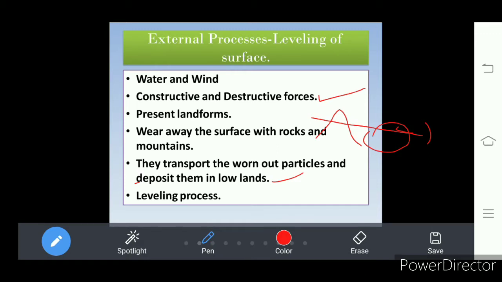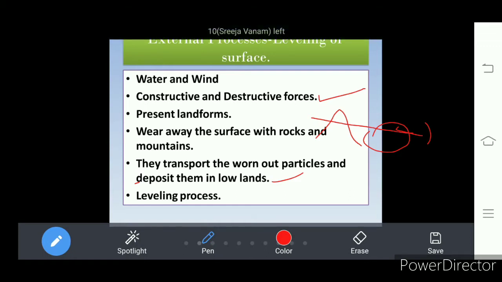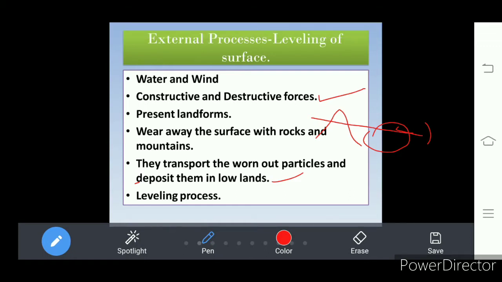So when wind blows and water flows on the surface of the earth, that is from the top of the mountains, on the surface of the rocks, they cut the surface of the rocks and mountains, and these cut off particles are transported and deposited somewhere, creating the land in the leveling process.